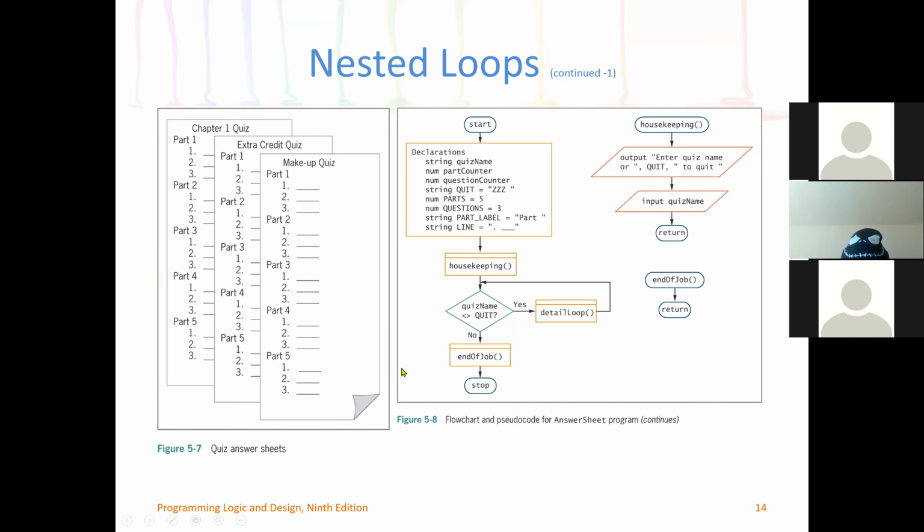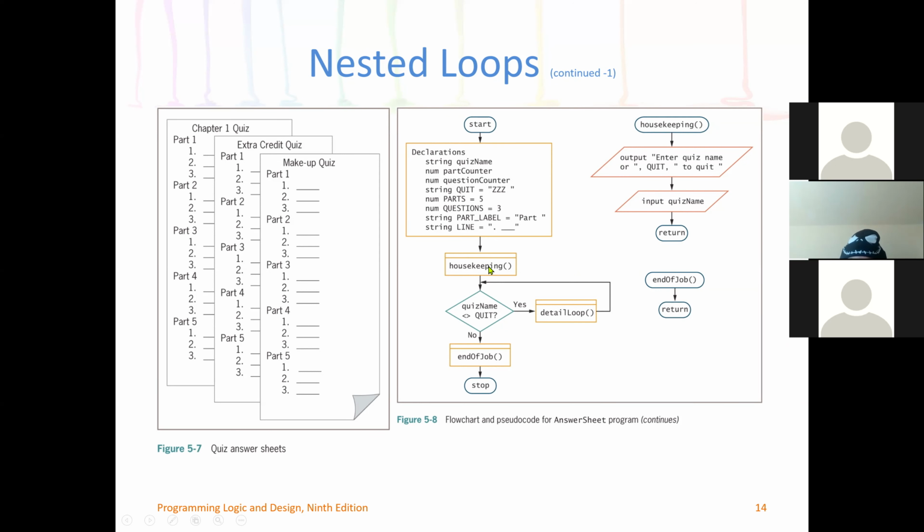So here we have a chapter 1 quiz, extra credit quiz. So we can see the whole concept here. We can see that one quiz is inside the other quiz, and the whole two quizzes are in the chapter 1 quiz. So the flow diagram here, we have some declarations.